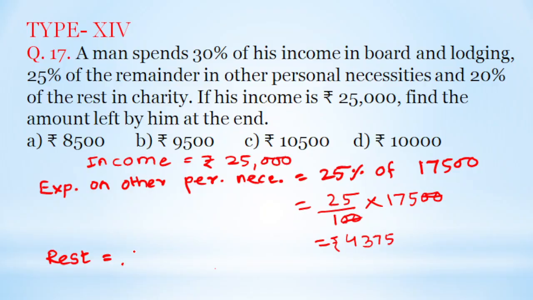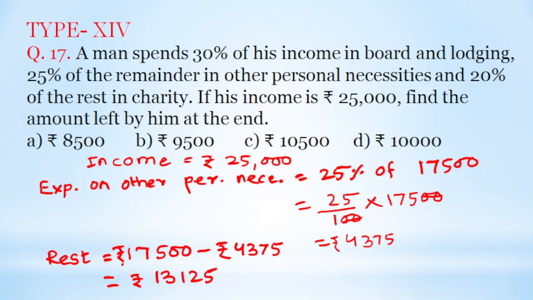That means your rest is rupees 17,500 minus rupees 4,375. So after subtraction, this is coming as 13,125.